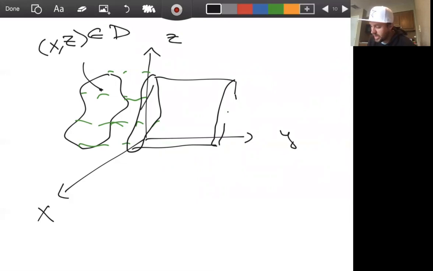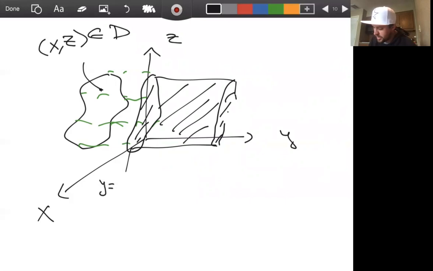And so we could look at this region E here. In this region E, it would have a lower y bound, right? y would start by going from u1 of xz to u2 of xz.